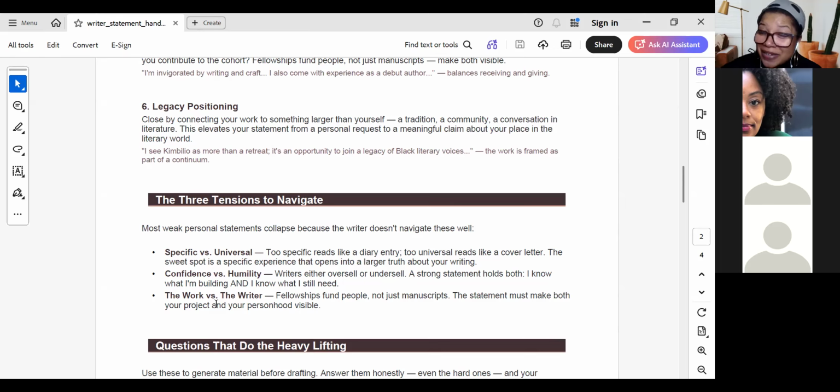Which is very true for writing in general, right? We sometimes write personal essays or things like that, and they're so specific to an experience that we have, but oftentimes as we go through the story, we are linking it into our broader perspective. One thing that a residency or fellowship workshop that I took, that was film and TV, really helped me to understand is that your artist statement should be a reflection of who you are as a writer.